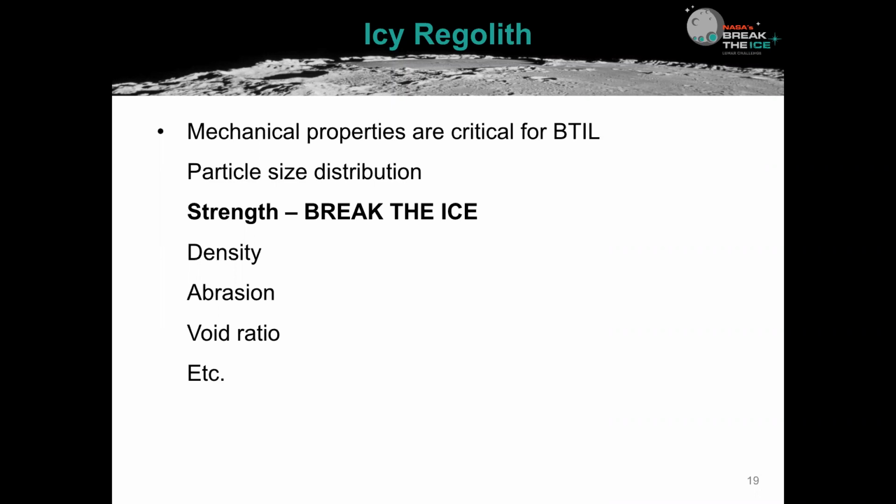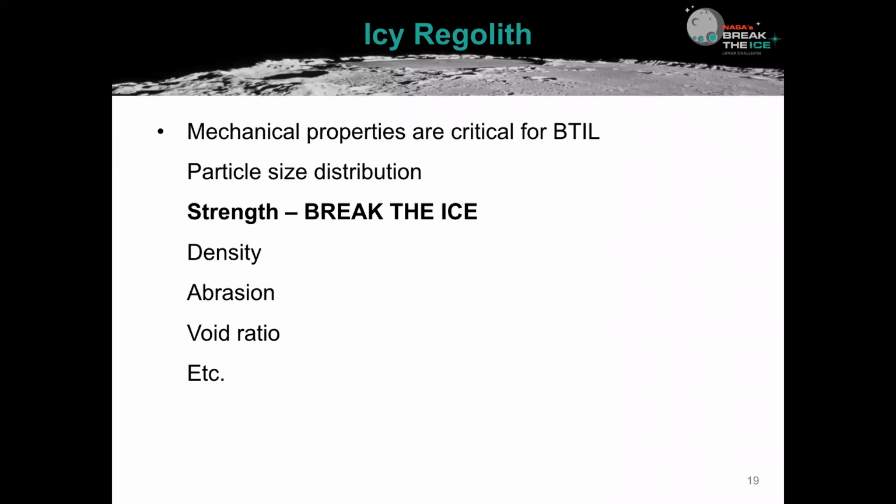Not very important for our challenge of excavating and delivering. So it's primarily the mechanical properties we're interested in. And there's a variety of mechanical properties to geological deposits. So particle size distribution. Am I dealing with sand grains? Am I dealing with gravel? Am I dealing with something bigger than gravel sizes? Strength is obvious. What about the density?